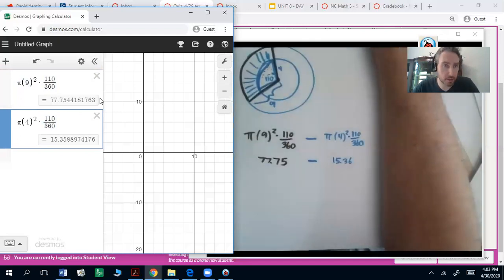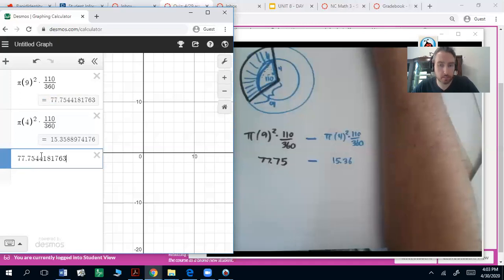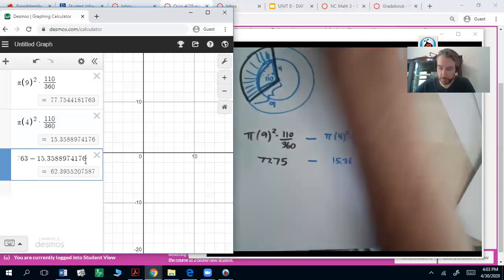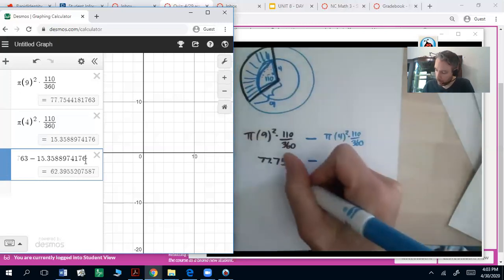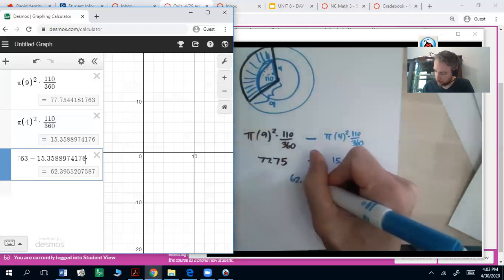Subtract those two from each other. And that's going to give us around 62.3955. And we're going to round that to 62.4.